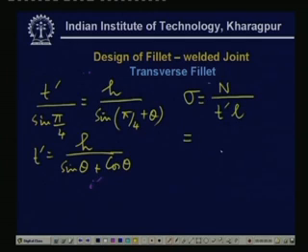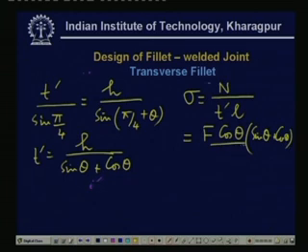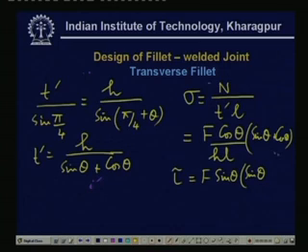So, this is equal to, as I discussed, F cosine theta times sin theta plus cos theta divided by h L. You have tau is equal to F sin theta plus cosine theta divided by h times L. Sorry. Then from this relationship we can find out the von Mises stress.